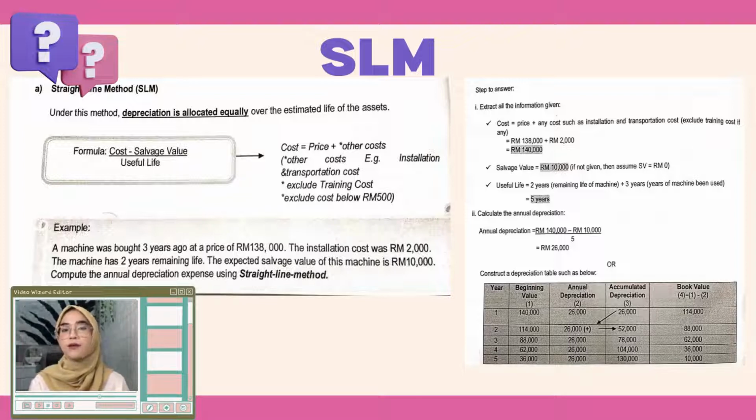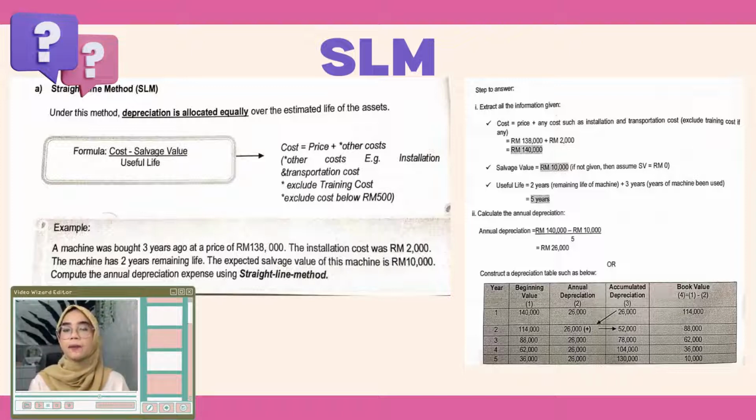For the book value, you take the beginning value and minus the annual depreciation value. So you will get RM114,000.